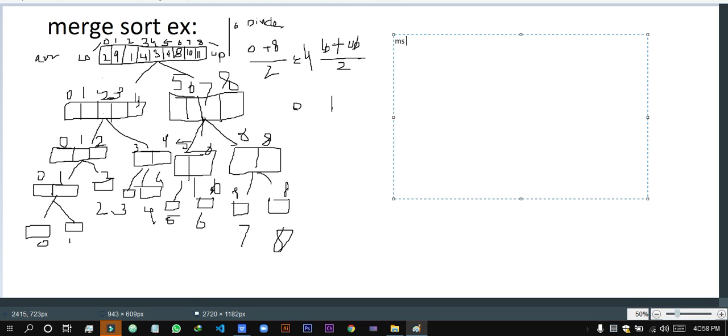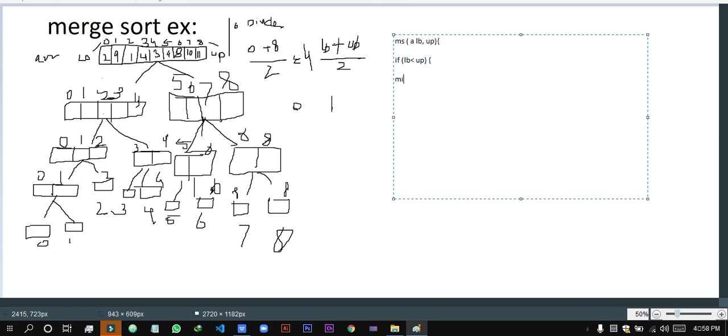Let's see merge sort. Okay, the name of our array, I just name it A, and we have a lower bound and an upper bound. After that I just said if our lower bound is less than upper bound, then what should we do?